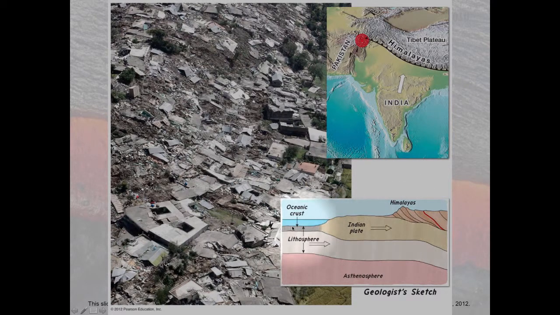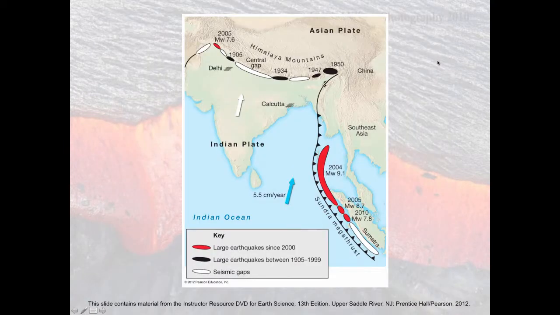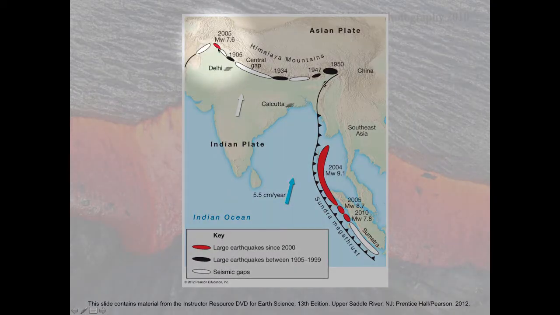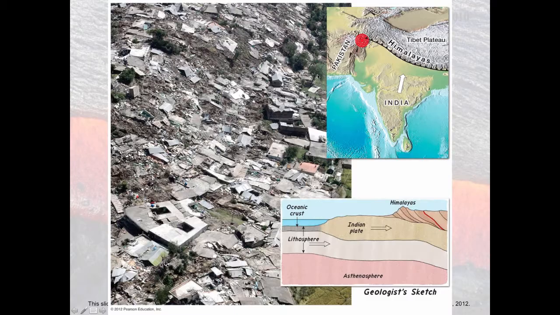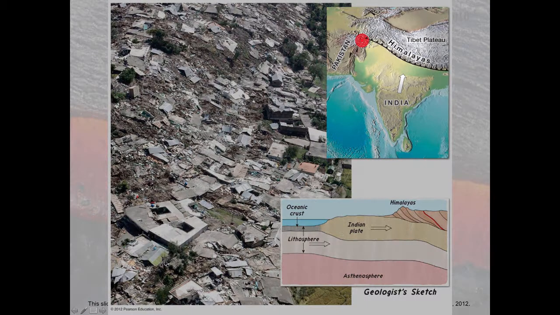It's subducting and eventually will subduct all the way, but this is creating a lot of stress and strain in this region right along here. And looking back at the last slide, we can see this magnitude 7.6 that occurred in 2005 released a lot of strain, but there are still zones where there is a lot of strain still presumably building up along this thrust.